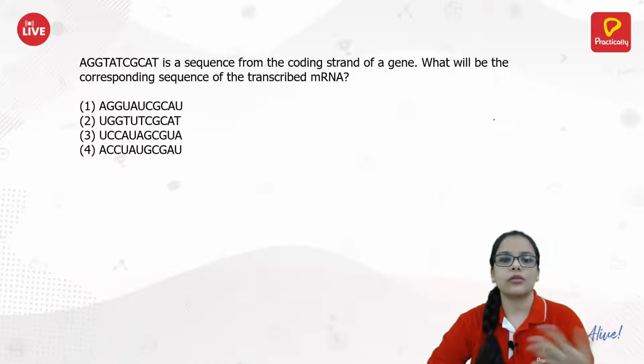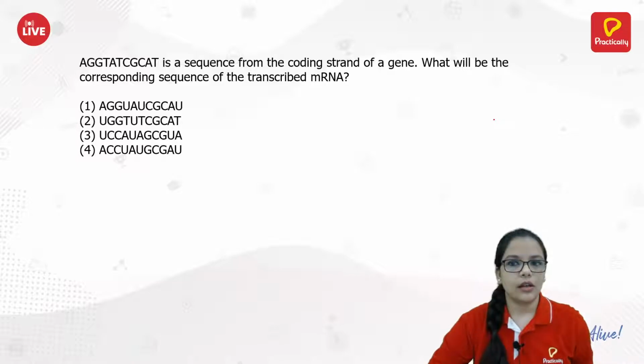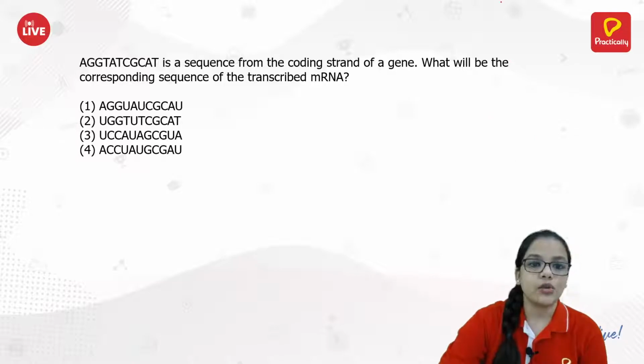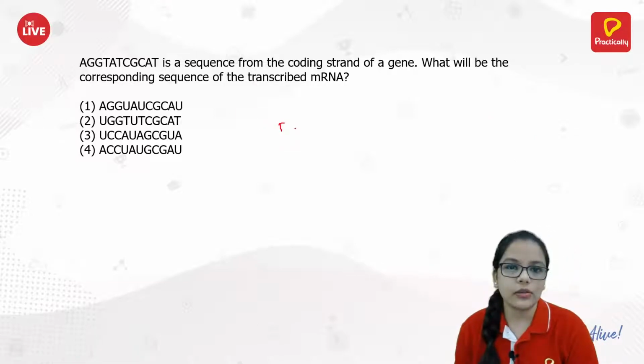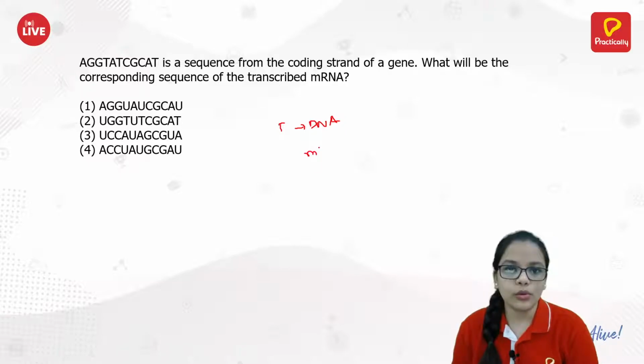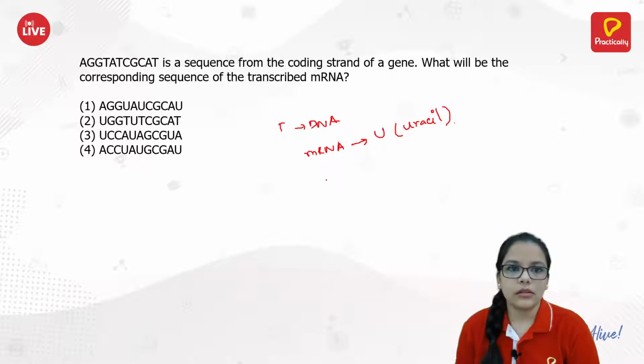AGGTATCGCAT is a sequence of the coding strand of a gene. What will be the corresponding sequence of transcribed mRNA? Whenever you see T, you know it's DNA. Thymine is DNA, but when it comes to mRNA, the thymine gets turned into U, or uracil. So the sequence is AGGTATCGCAT.